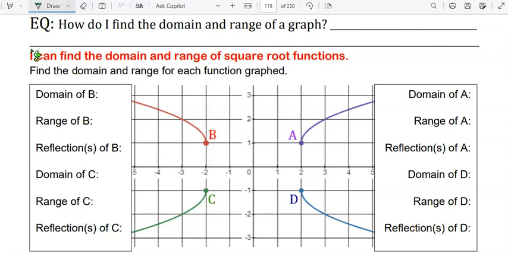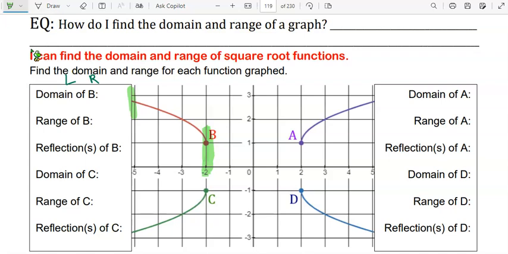To find the domain, you want to make vertical lines on the left and the right side of that graph. Left, right, x. So for the domain of B, we have this side and this side.